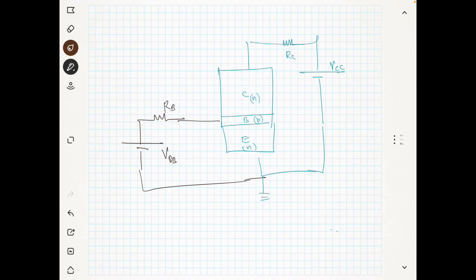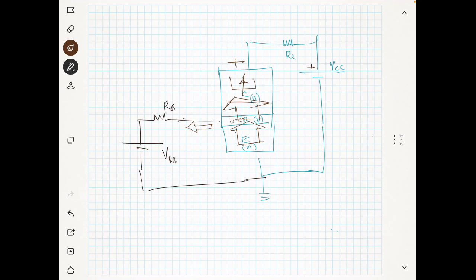You have a lot of electrons at the emitter, and you have a very small number of holes at the base. So the electrons reaching the base will not make a complete current through the base. Only a few of them recombine and flow through the base. The majority of the electrons will reach the collector, and there is a positive field which will pull them up.